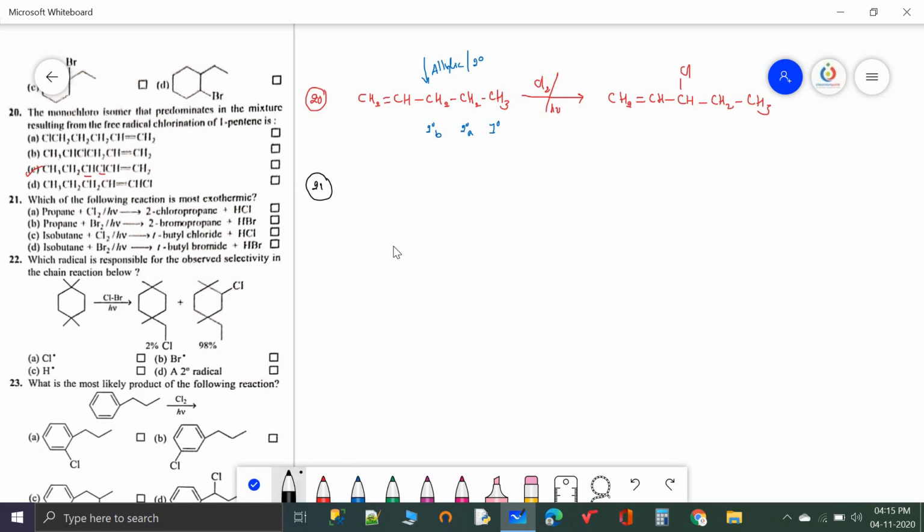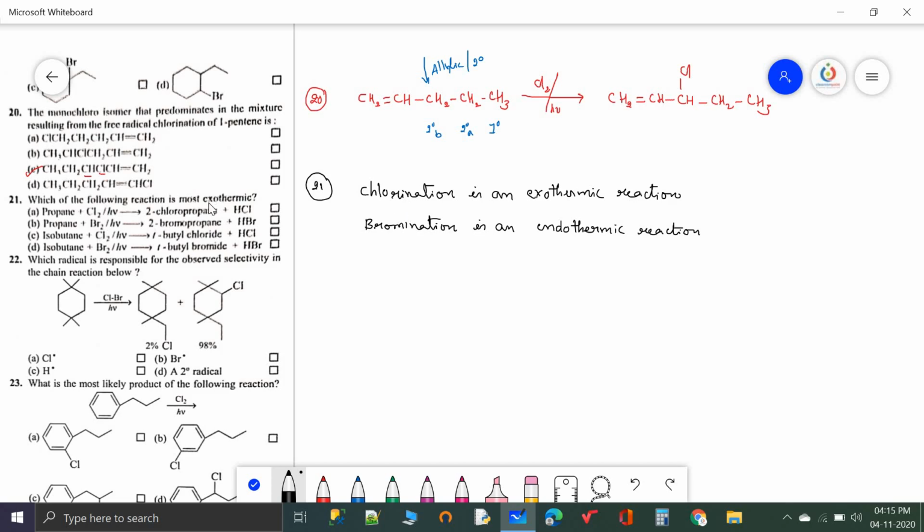Here we'll write certain things: chlorination is an exothermic reaction and bromination is an endothermic reaction.